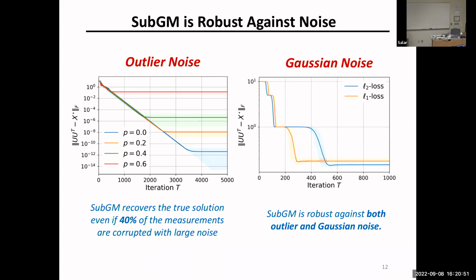Again, I'm jumping ahead. You learn singular values one at a time. If you learn the first singular value and the other singular values are small, that's actually a saddle point for you. It will take some time to escape that saddle point, but eventually you will escape and converge to the true solution.